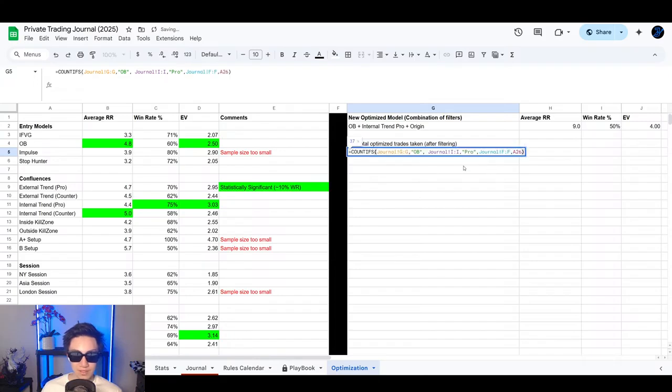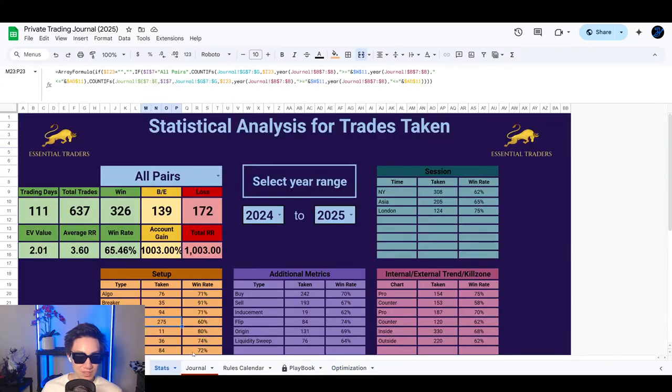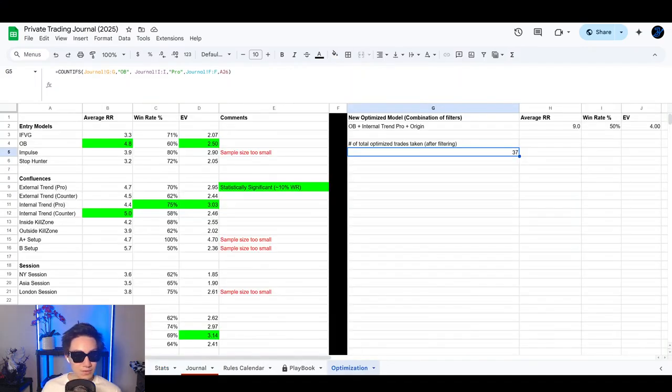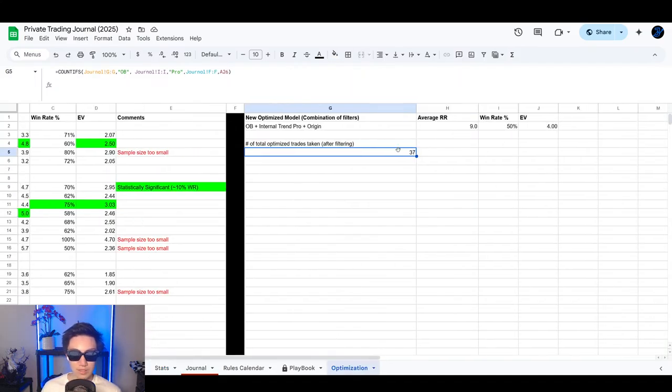Or sorry, 37, us hitting the Origin and us being internal trend pro. So 37 out of 275, so about 13%. About 13%.